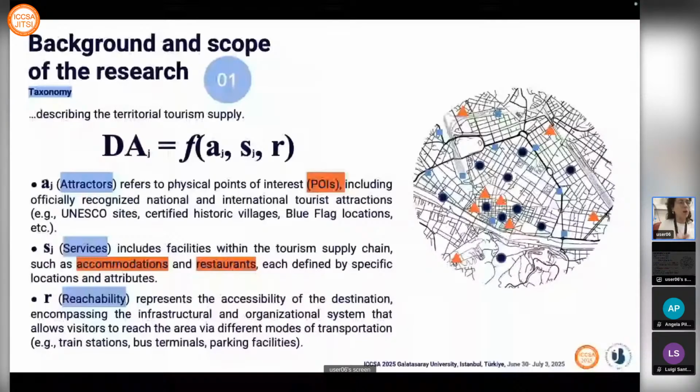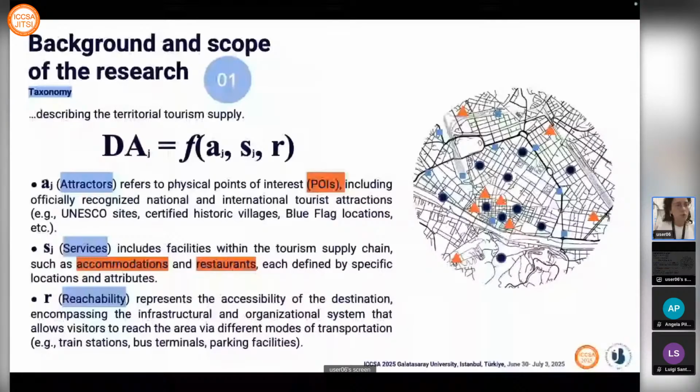For example, belonging to the cultural value chain, or belonging to beach tourism, the blue flag location. These attractors are classified by a methodology, a table filled with different columns that correspond to specific requirements to categorize each typology of tourism attractor.